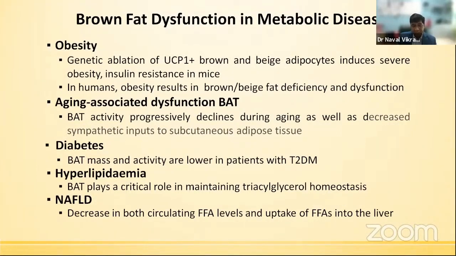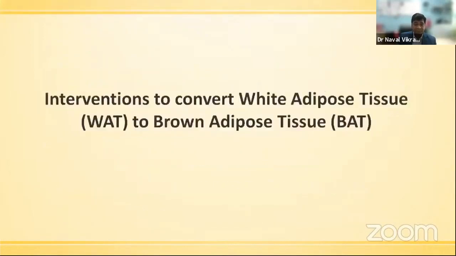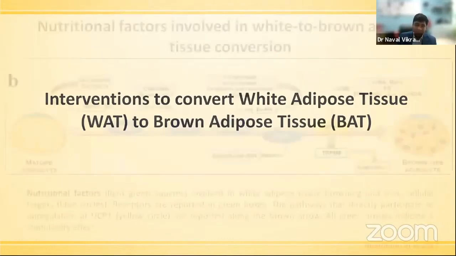And aging also leads to a decrease in this tissue. Fat mass and activity have been shown to be lower in patients with diabetes, dyslipidemia, and also in non-alcoholic fatty liver disease. Now, knowing that brown adipose tissue has such important functions, how do we increase the brown adipose tissue? If not, how do we convert the white adipose tissue to brown adipose tissue?